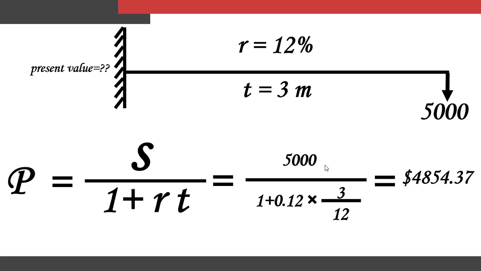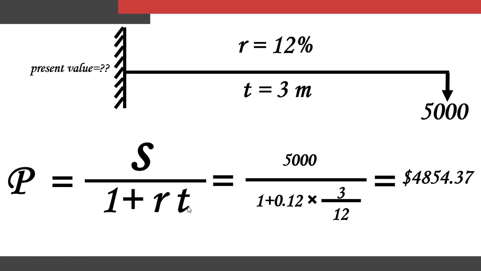By drawing the timeline, the same, S equals $5,000 after 3 months, the future amount, and we need to get the present value, the value now, or the value at the beginning of 3 months, with a rate of 12%, in the formula P equals S over 1 plus RT. So S equals $5,000, R equals 12%, T equals 3 months.